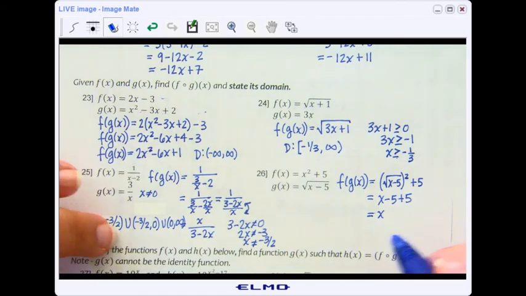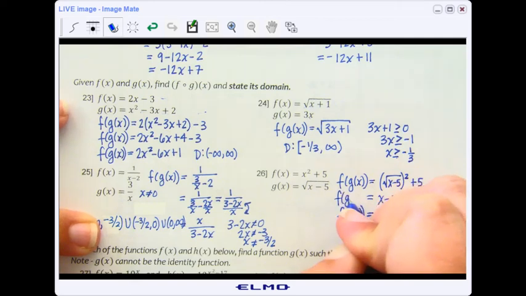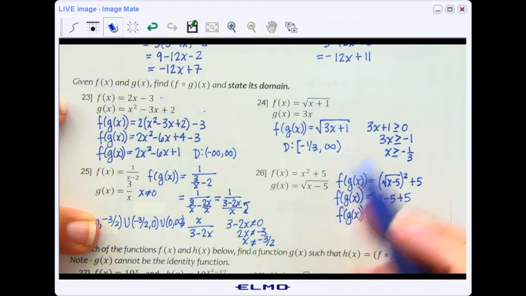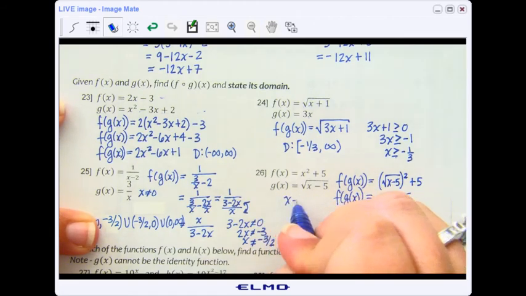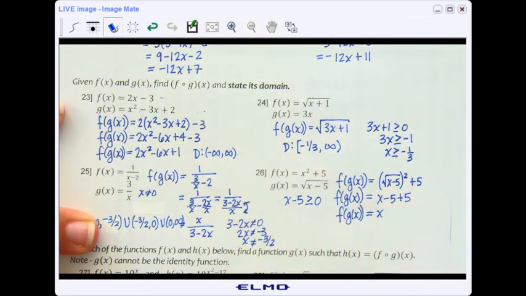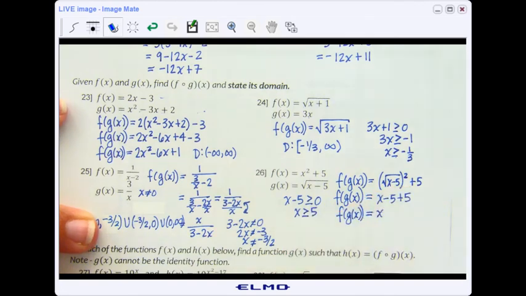If this were just y equals x, then our domain would be infinite. However, our input function is a radical. And since our input function is a radical, x minus 5 has to be greater than or equal to 0. So x has to be greater than or equal to 5.